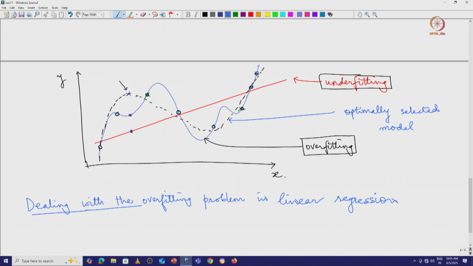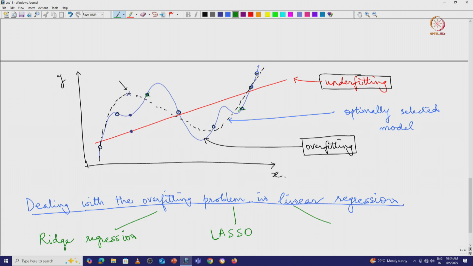We will be introducing 3 ways of doing it. One of them is called ridge regression, one of them is called lasso, and I will explain what the expansion of this short form is, and the third one is called an elastic net.